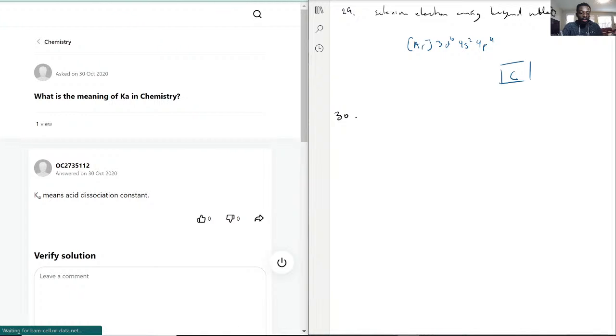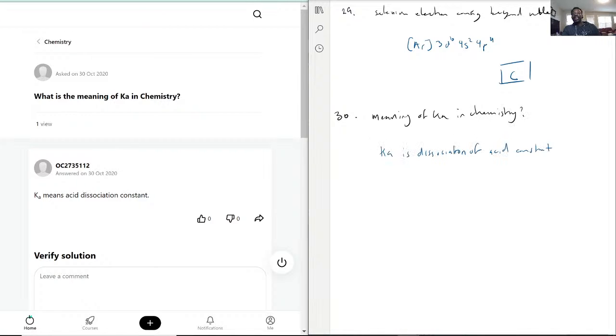Meaning of Ka in chemistry. Really though, that answer is correct. Ka is dissociation of acid constant. That's really all you need to know about Ka.